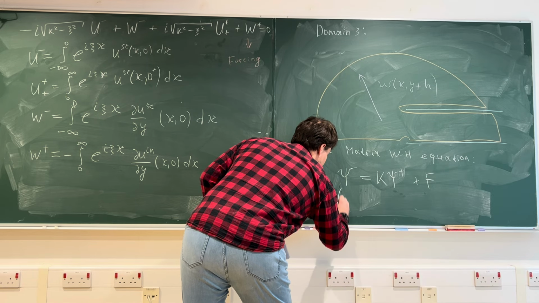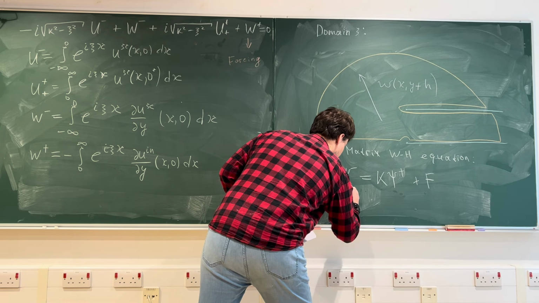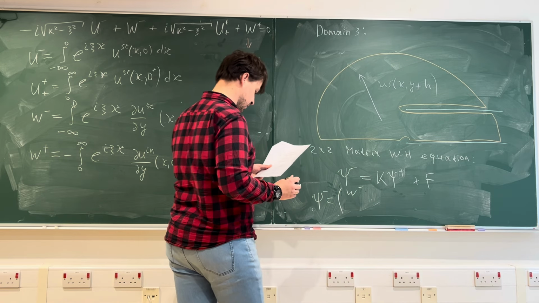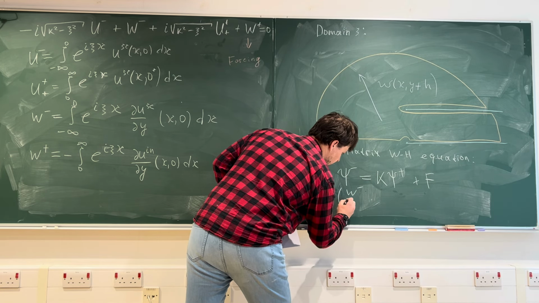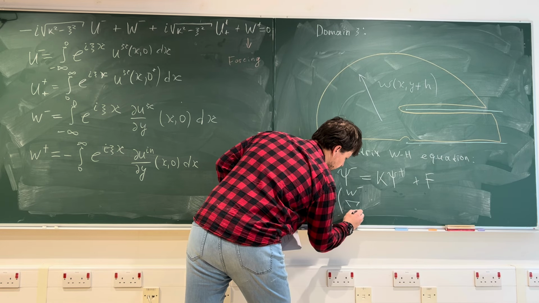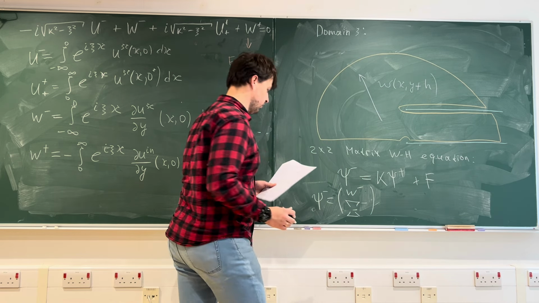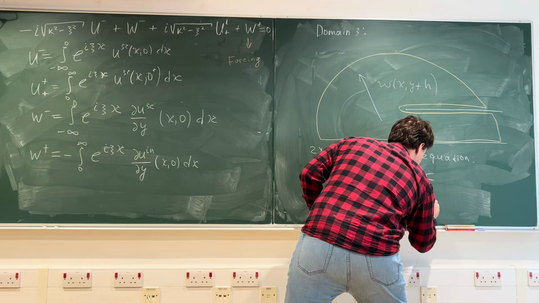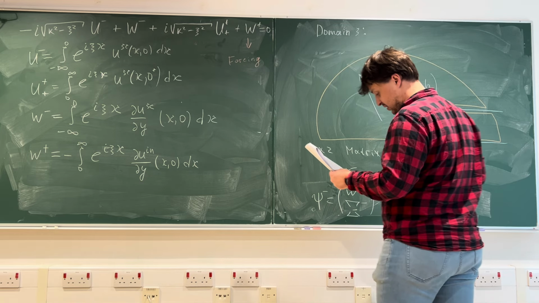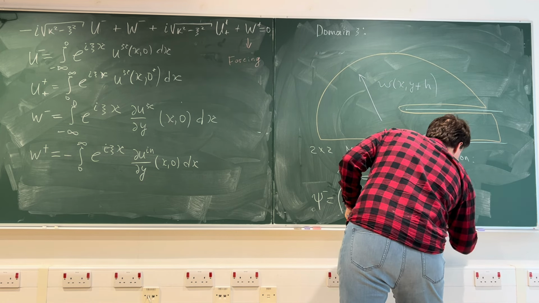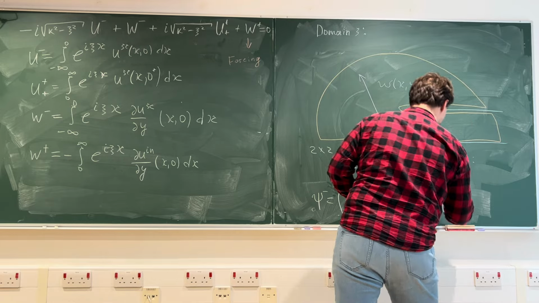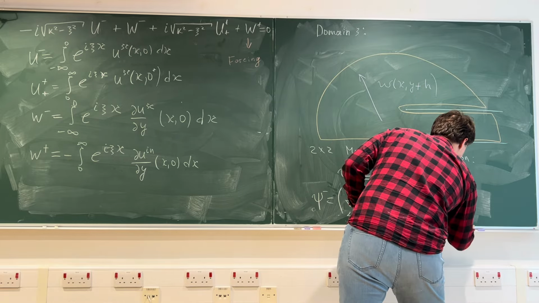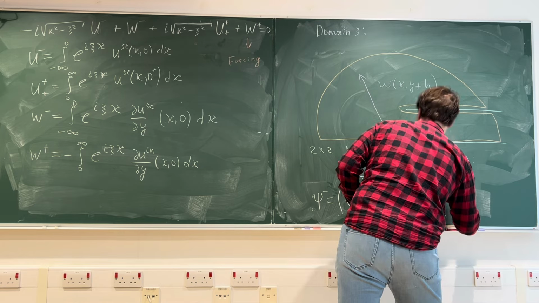Phi minus is composed of V minus and theta minus, which we are about to define, and psi plus is composed of U plus and phi plus.